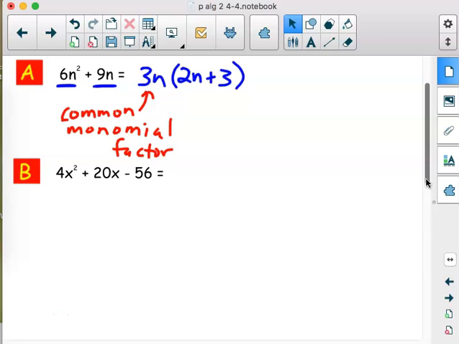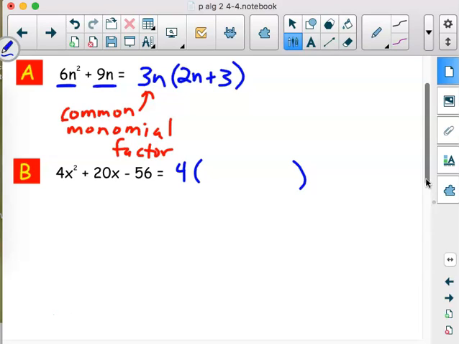I'm looking at it, and I'm thinking to myself, okay, we got a number in front of the x squared again. I wonder, can we take a 4 out of all of these? So we'll give it a try. Again, you can think forwards with multiplication or backwards.